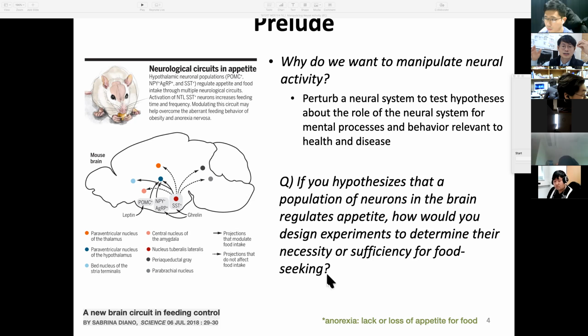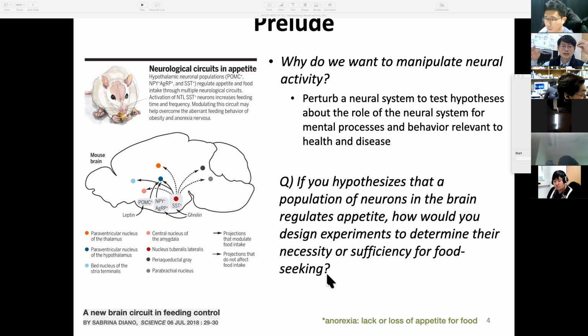Even if the system is in a pathologic or disease state, we can try to treat it by understanding the inner workings of the system, like reverse engineering. In that regard, we perturb a neural system to test our hypothesis about its role. In neuroscience, that could be mental processes and behaviors, which are related to our health and disease.